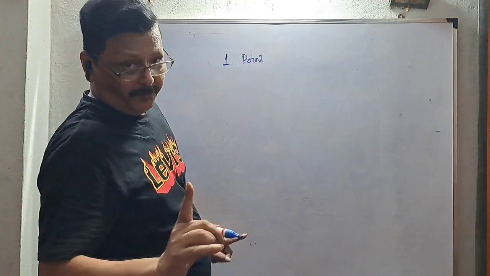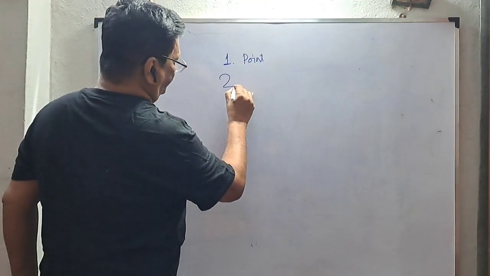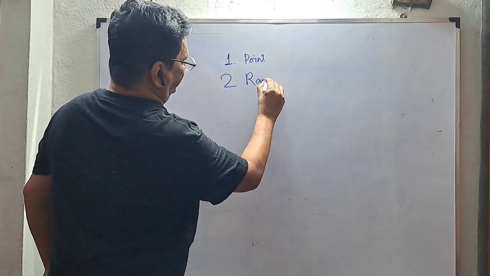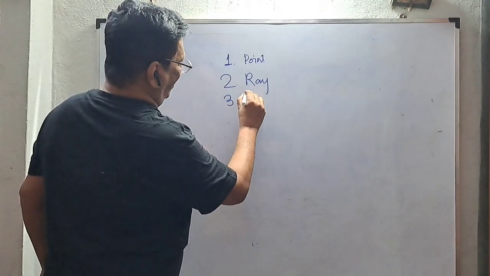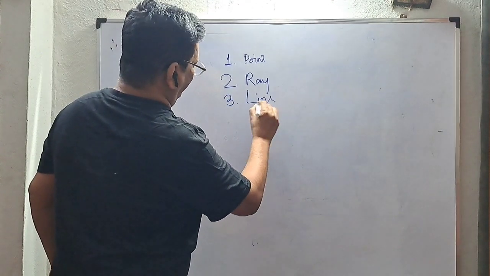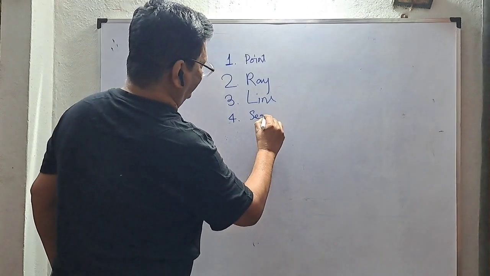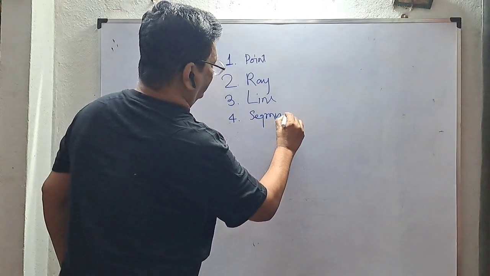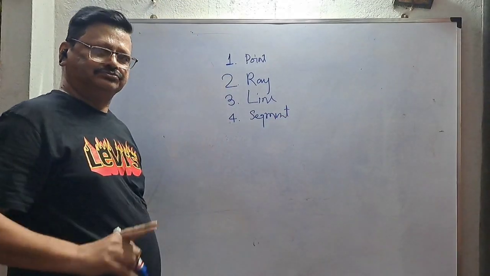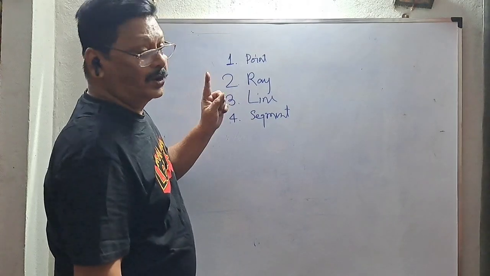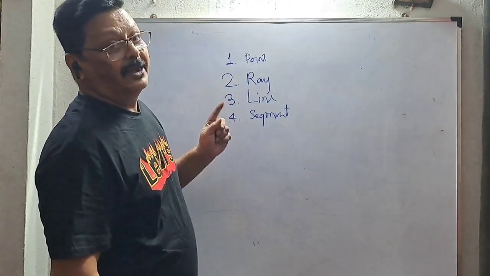What is the meaning of a point? Number 2, a ray. Number 3, a line. Number 4, a segment, or you call it a line segment. So we'll discuss: what is a point? What is a ray? What is a line? And what is a line segment?